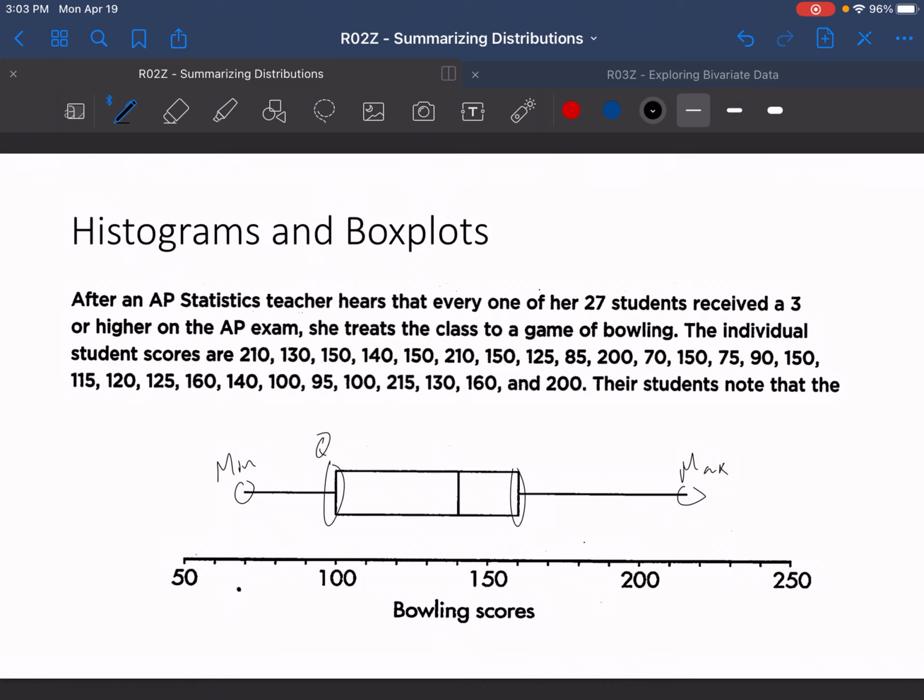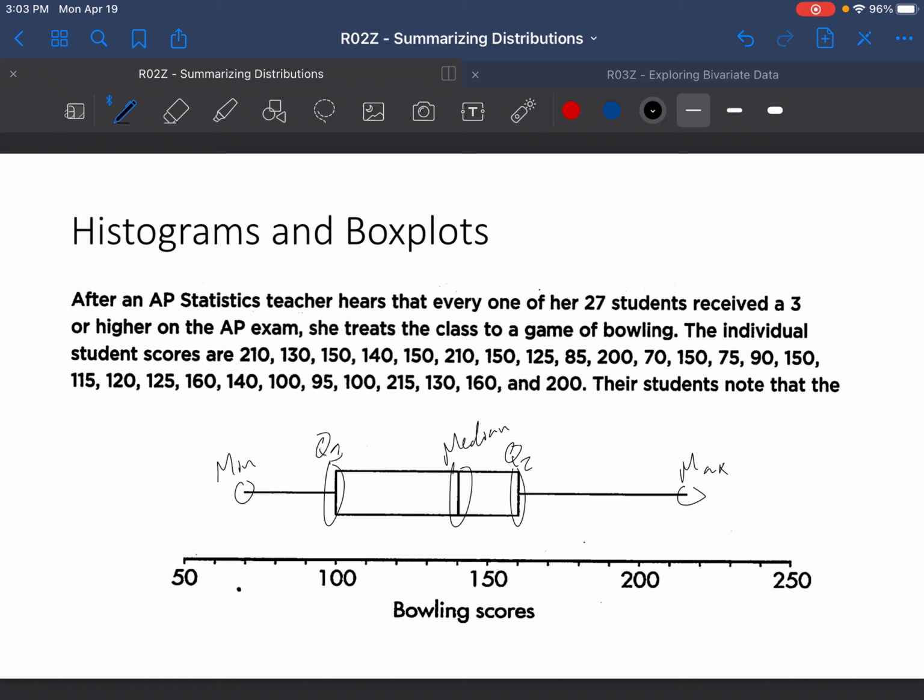This represents quartile 1, this represents quartile 2, and finally this represents our median right there. So each one of those lines or points on that box and whisker plot represent values in that 5-number summary. So we would say that the minimum's probably somewhere around 70 or something like that.